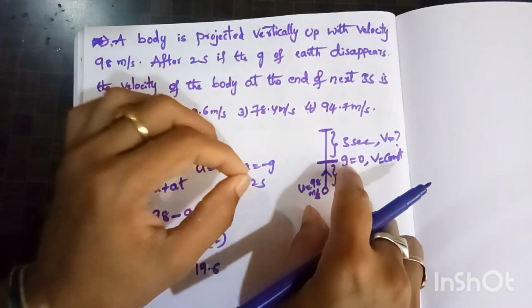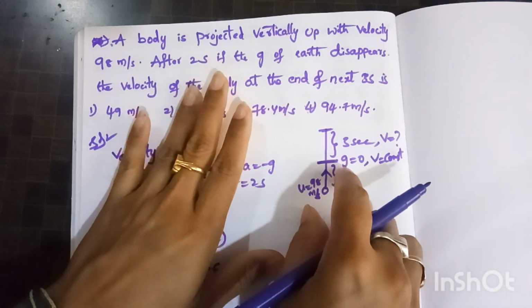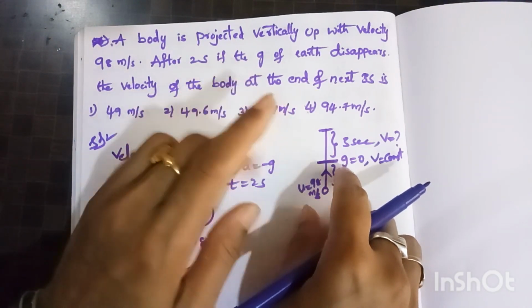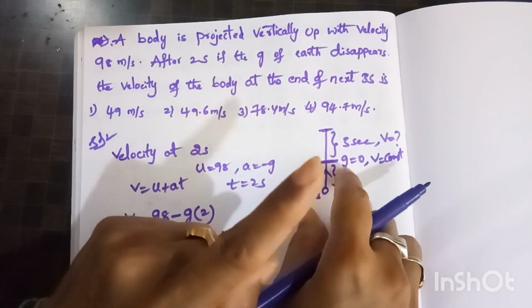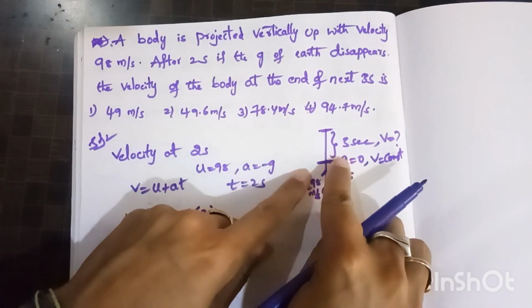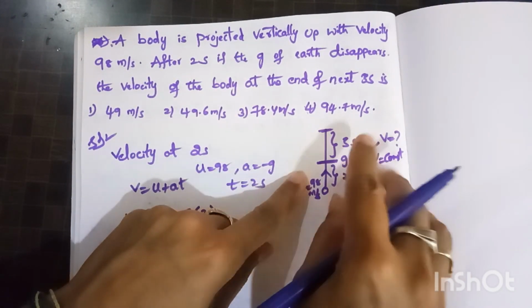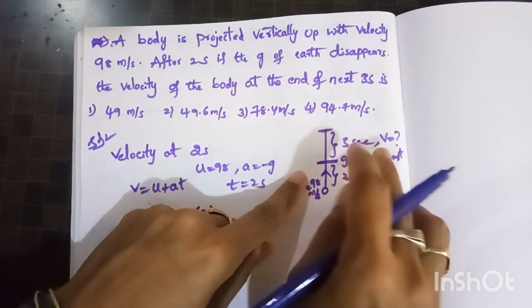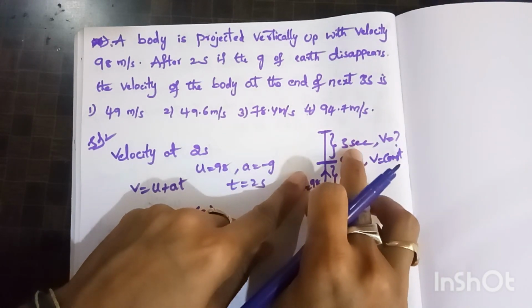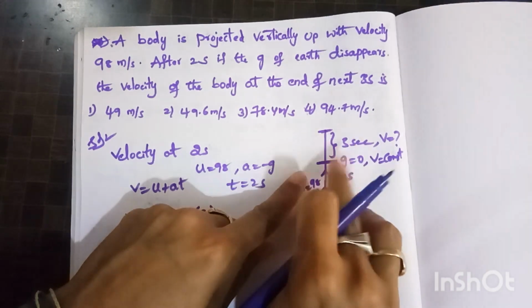When g of earth disappears or the acceleration due to gravity ceases, at that point there will be no acceleration due to gravity, that is g equals 0. And they ask us to find the velocity for the next 3 seconds after g ceases.